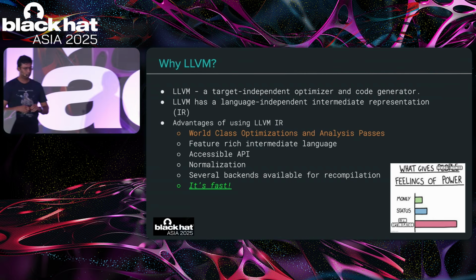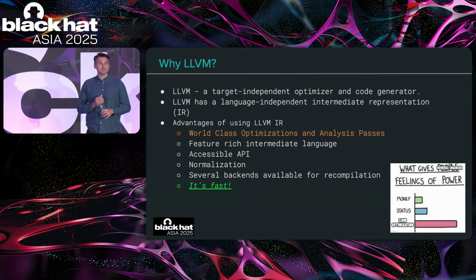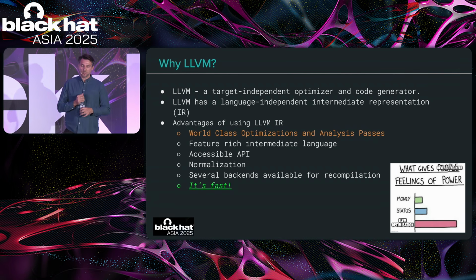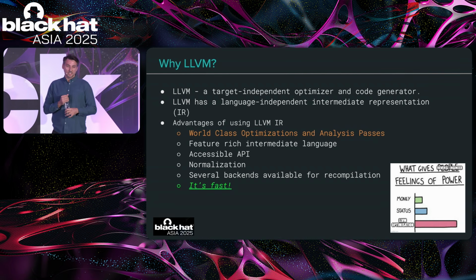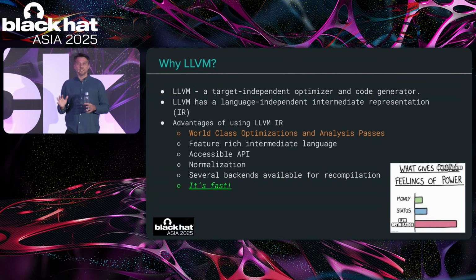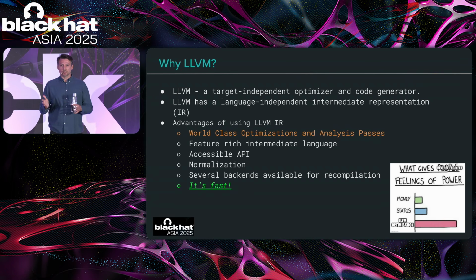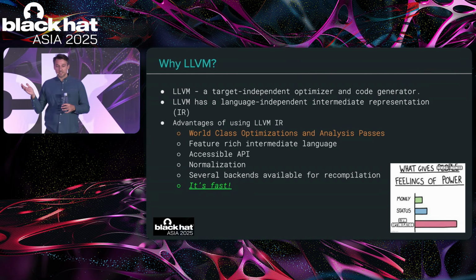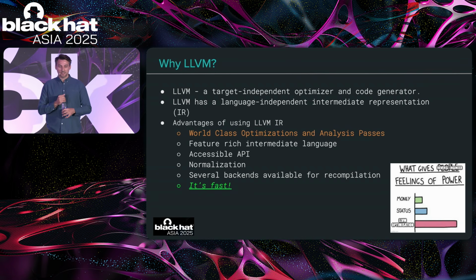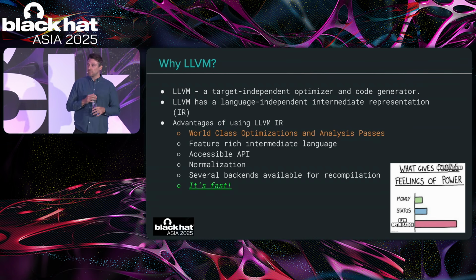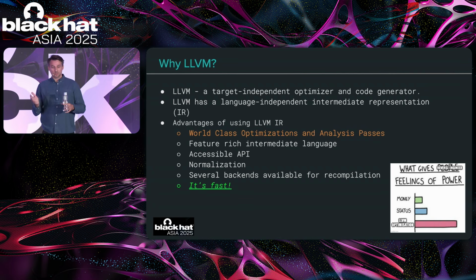LLVM is a target-independent optimizer and code generator. It is based on the LLVM IR, which is language-independent and quite feature-rich. The advantages are its world-class optimization and analysis passes. The best engineers in the world, from Google, Apple, you name it, work on this compiler to develop compilers for things like AI, ROCm, NVIDIA. Basically, it's used everywhere these days. This feature-rich intermediate language has a nice accessible API to modify the LLVM IR or the control flow graph.